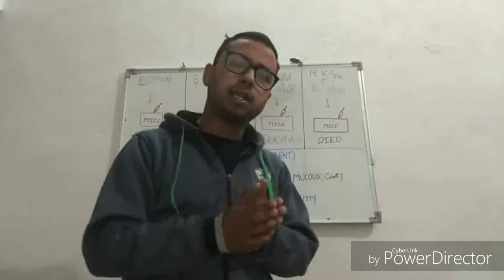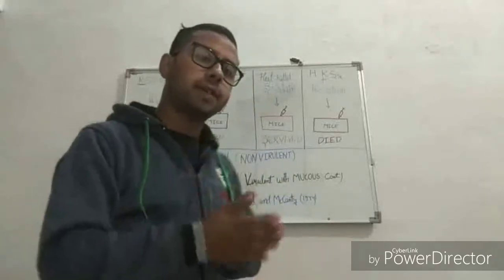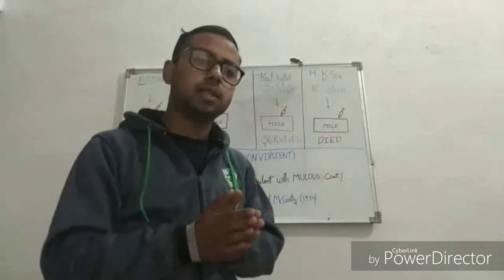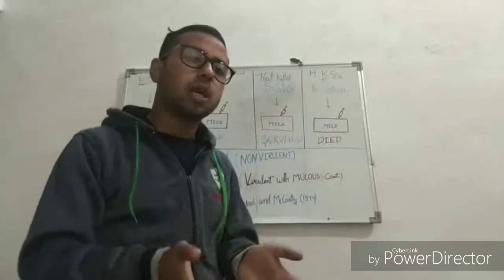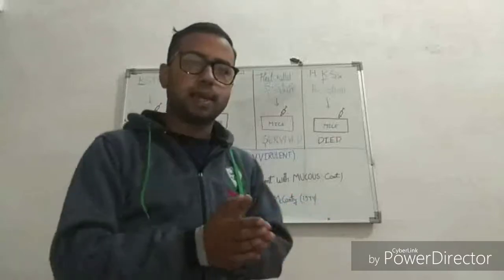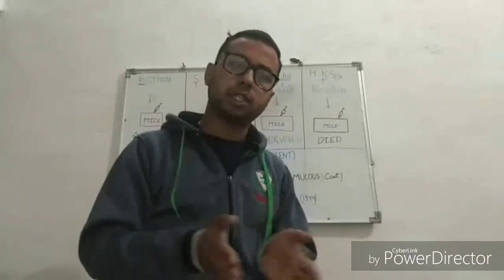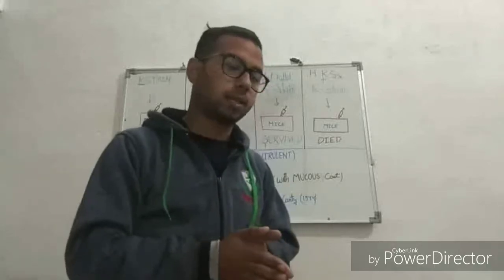Thirdly, he had done the heat fixing of the S strain bacteria to denature it and then injected it in the mouse. The mouse survived because the bacteria is denatured. The pneumonia doesn't occur in it.